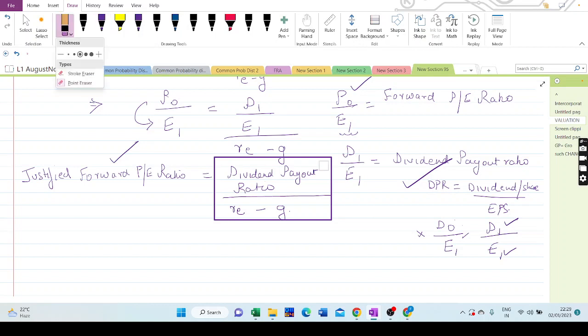Okay. Now guys, this ratio can be used to make a number of inferences.